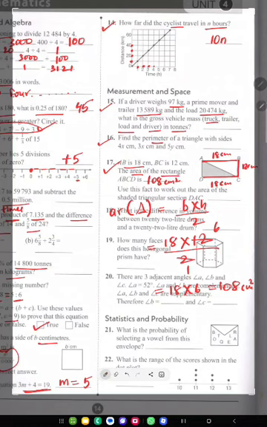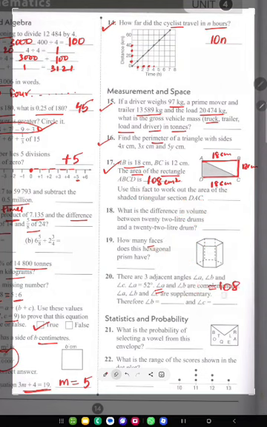centimeters square. Okay, then they said there's one more part to this. Use this fact to work out the area of the shaded region. They said first calculate the area of the rectangle, then triangle.